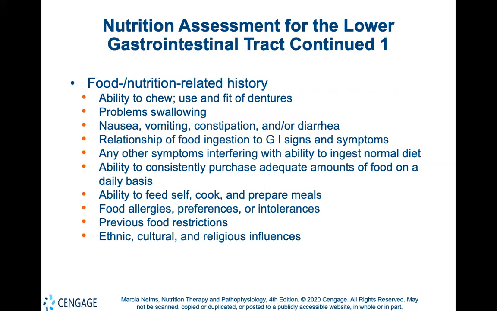So the nutrition assessment, you could do food and nutrition related history: ability to chew, use and fit of dentures, problems swallowing, nausea, vomiting, constipation or diarrhea, relationship of food ingestion to GI signs or symptoms, and any symptoms interfering with ability to ingest a normal diet, ability to consistently purchase adequate amounts of food on a daily basis, ability to feed self, cook, and prepare meals, food allergies, preferences, and intolerances, previous food restrictions, ethnic, cultural, and religious influences.